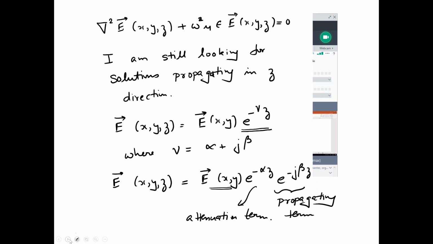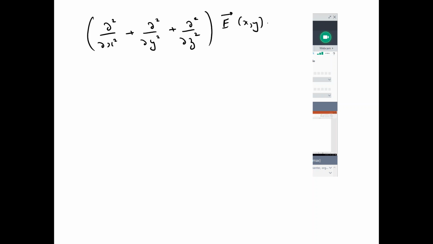If I go back to my Helmholtz wave equation, del squared becomes del squared by del x squared plus del squared by del y squared plus del squared by del z squared, acting on E(x,y) e to the minus gamma z, plus omega squared mu epsilon E(x,y) e to the minus gamma z is equal to 0.